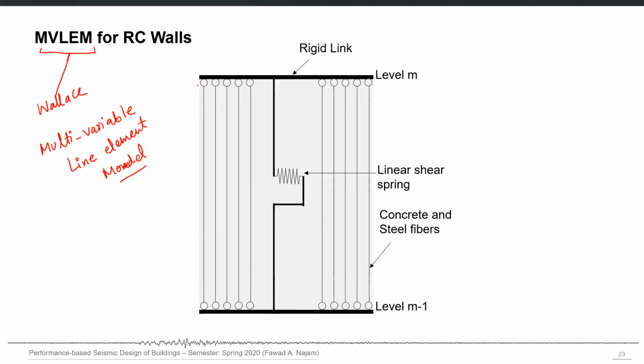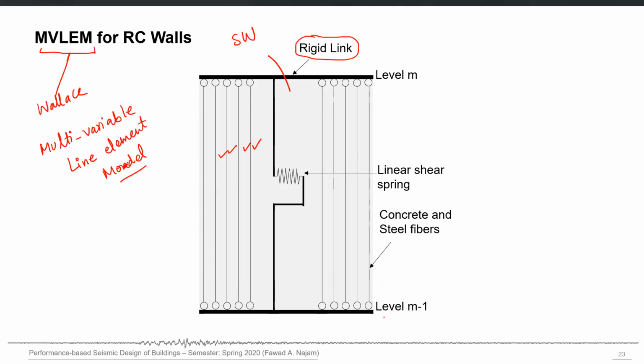If you have this shear wall panel, this shaded area, what you do is model that with concrete and steel fibers. These thin lines are concrete and steel fibers which run along the whole height of that shear wall panel, and you constrain them from top and bottom with a rigid link.